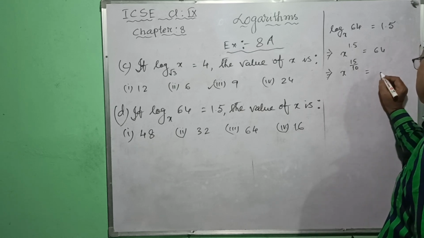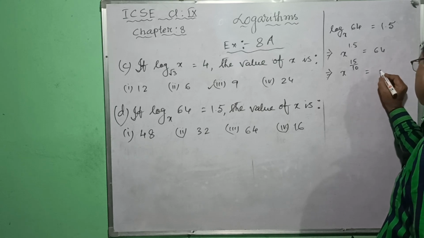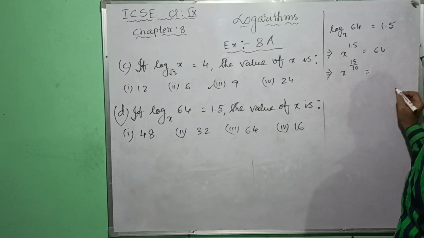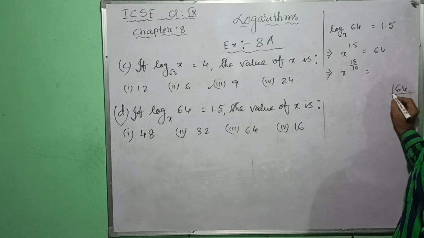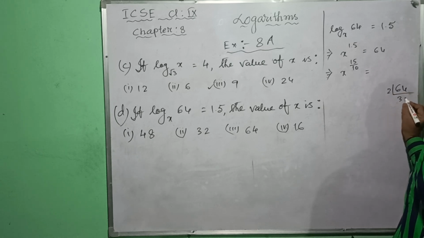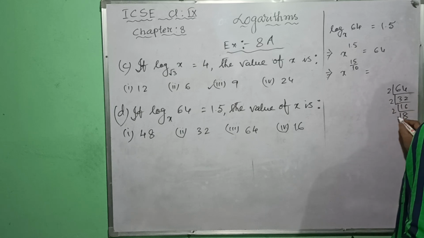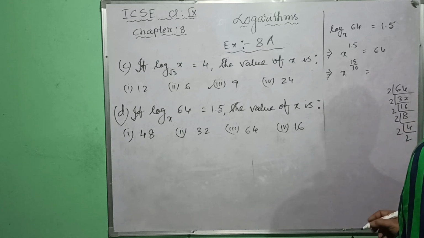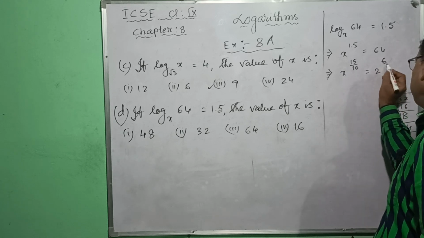How can we write 64? If it is difficult, then we can factorize it: 32, then 16, 8, 4, 2. So 2 to the power 6. So we can write it 2 to the power 6.